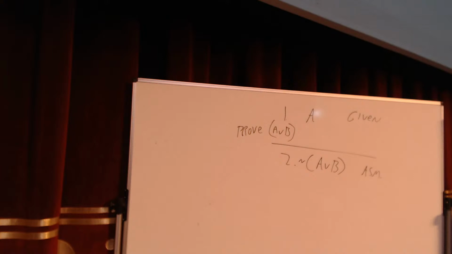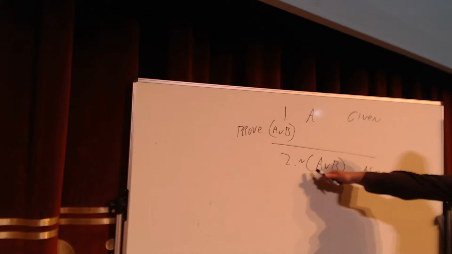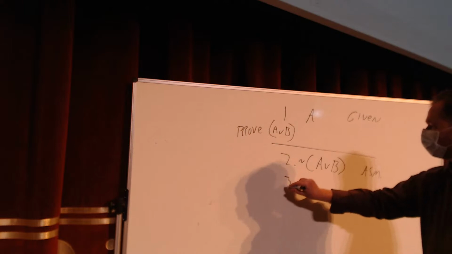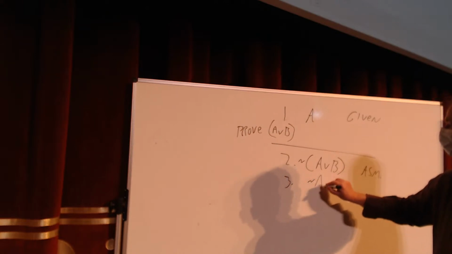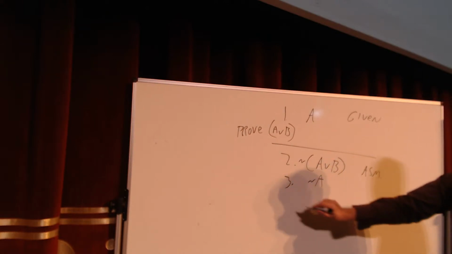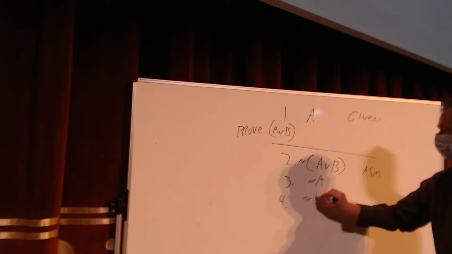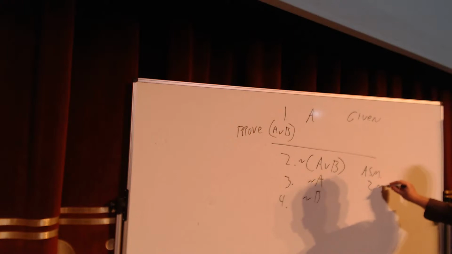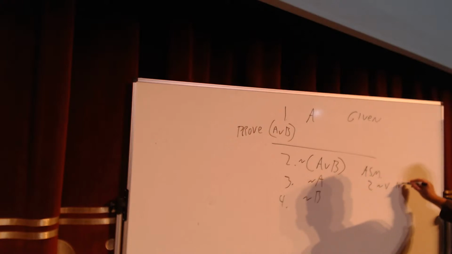You got it? Oh, yes, you got it. Good. So we could use the negated or rule, and we could get not A. And if we wanted to, we could also get not B from it. So that's from 2, negated or, sometimes called nor.